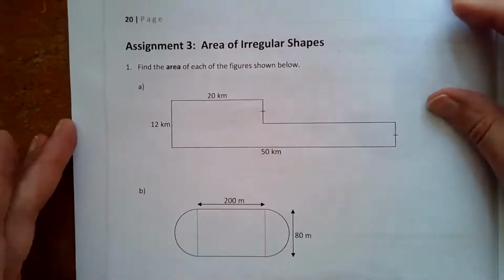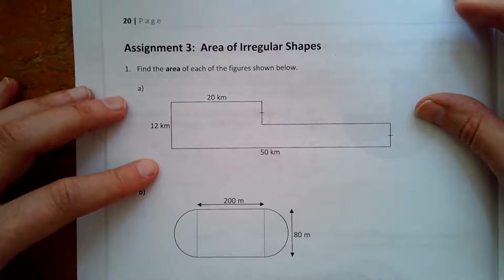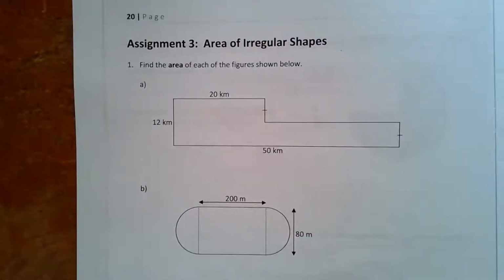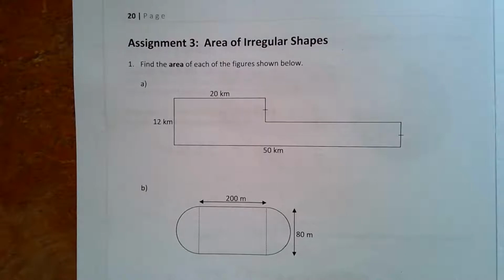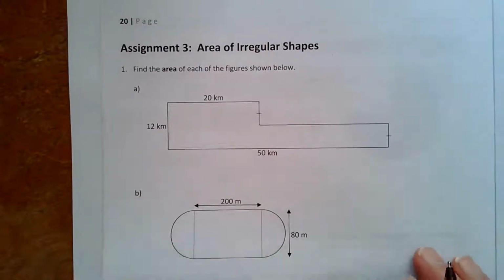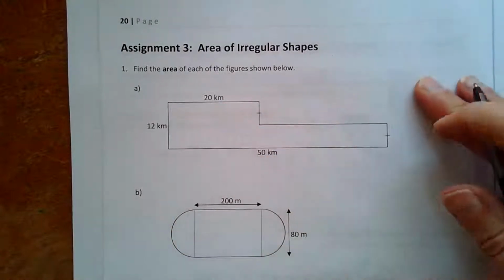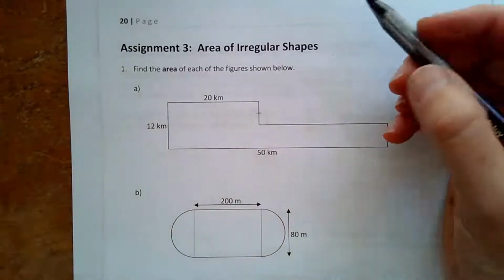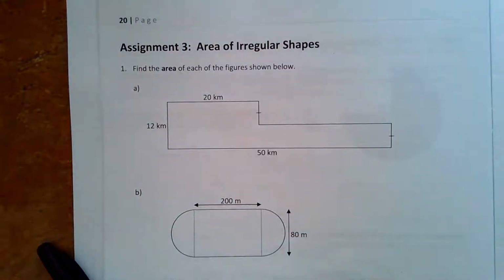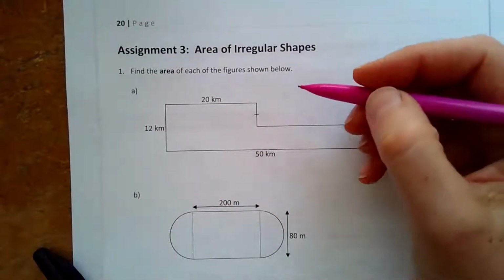So first of all, we've got find the area of each of the figures shown. In 1A, I can see I've got two rectangles together. We did an example like that. I don't have the formula for an L-shaped polygon, but I do have the formula for a rectangle. If I look closely at this, I see two rectangles.